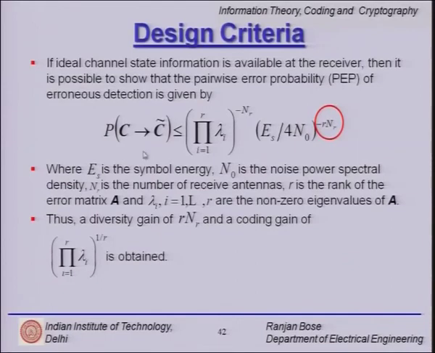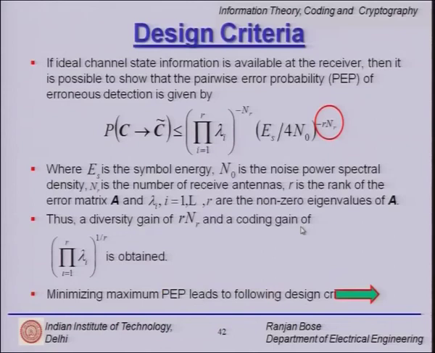For the first time it is very explicit that a space time trellis code is going to give you both a diversity gain and coding gain. Diversity gain tantamounts to the slope of the BER curve, and coding gain is the kind of left shift of the curve. So, we get both diversity gain and coding gain from space time trellis code.